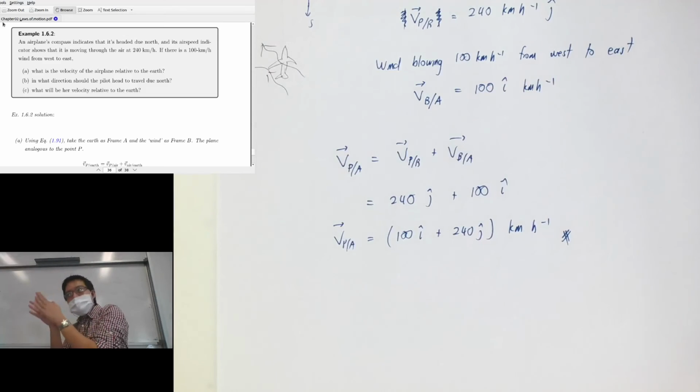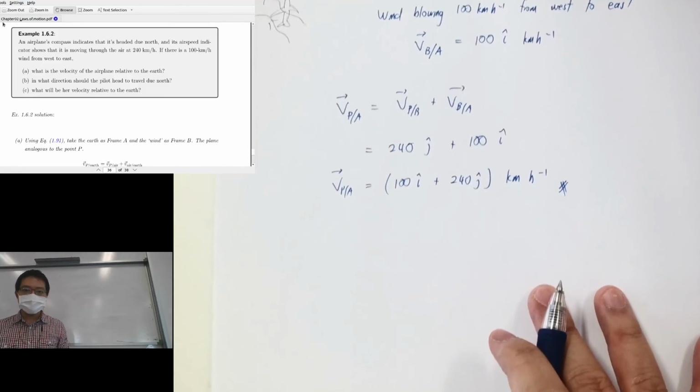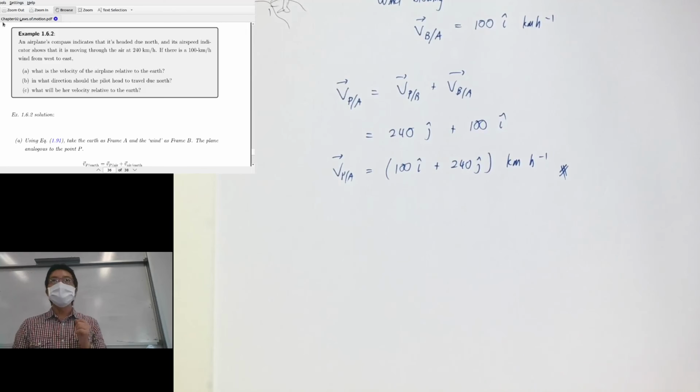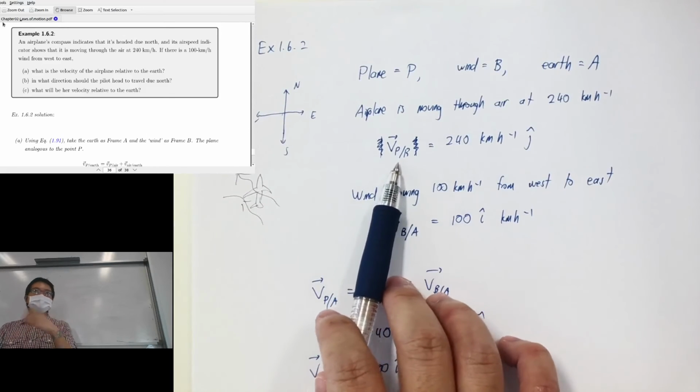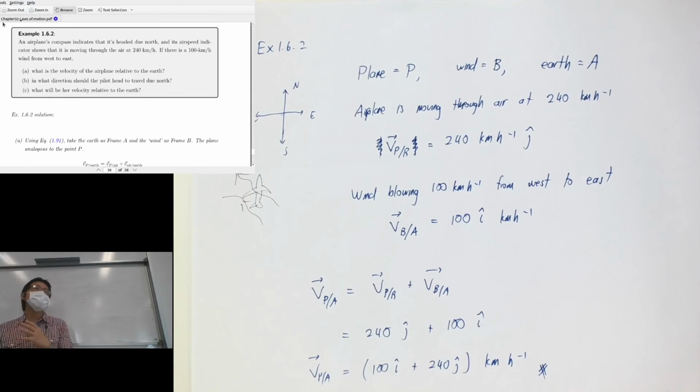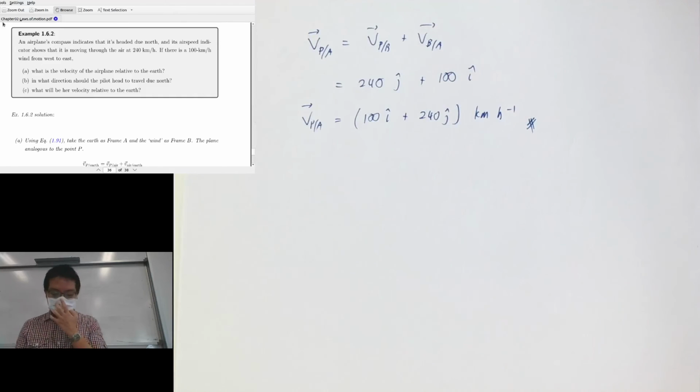So if you adjust at the correct angle and the correct orientation, then you can perfectly move straight. So that is the situation that we have here. That means we need to control our VPB so that the actual motion is pure north relative to the Earth. That is what we want to do.